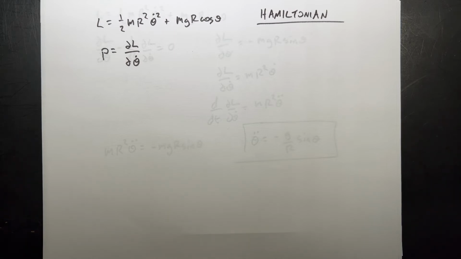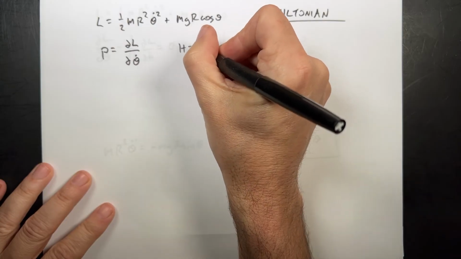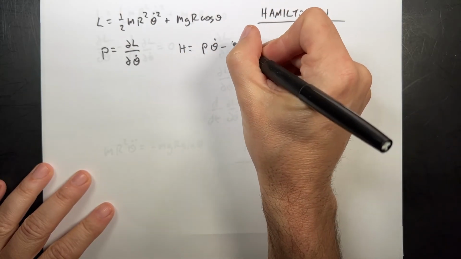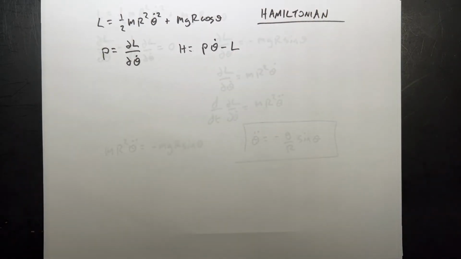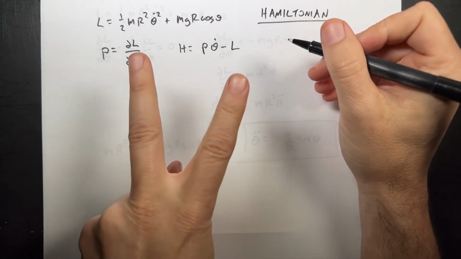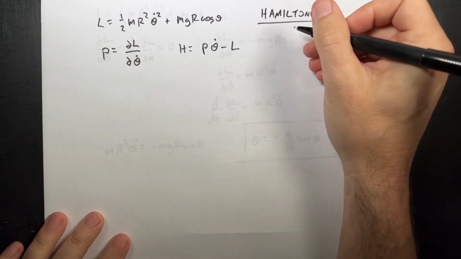And then I can write the Hamiltonian H as P theta dot minus L. So again, we're using the Lagrangian, and so you've got to write the Lagrangian either way. But there is a difference at the end, and I will show that to you. Once you do that, then I get two. See, there's two Hamiltonian equations.